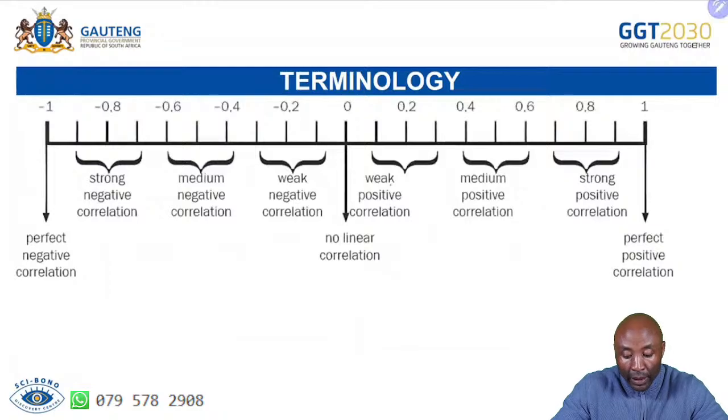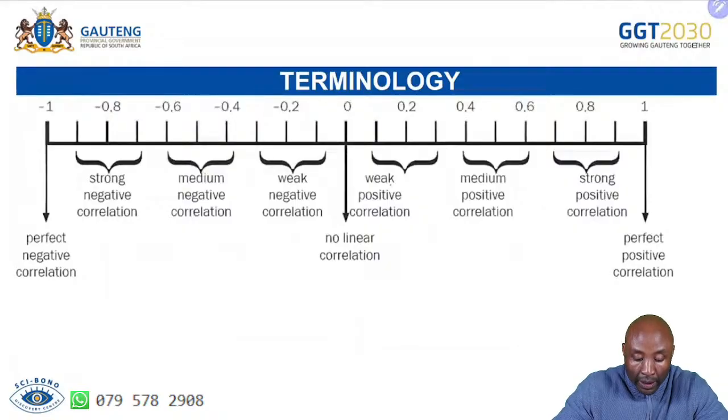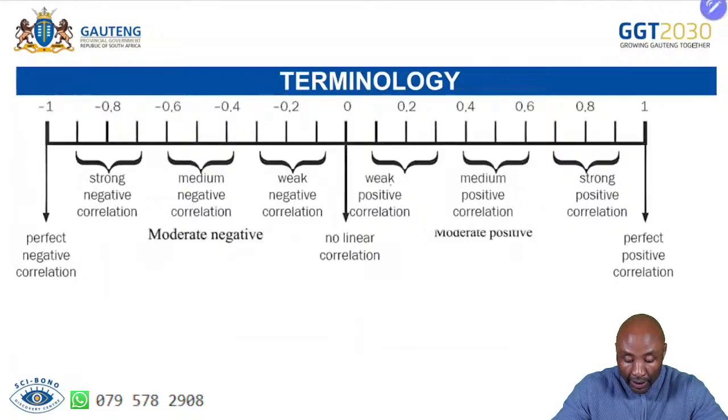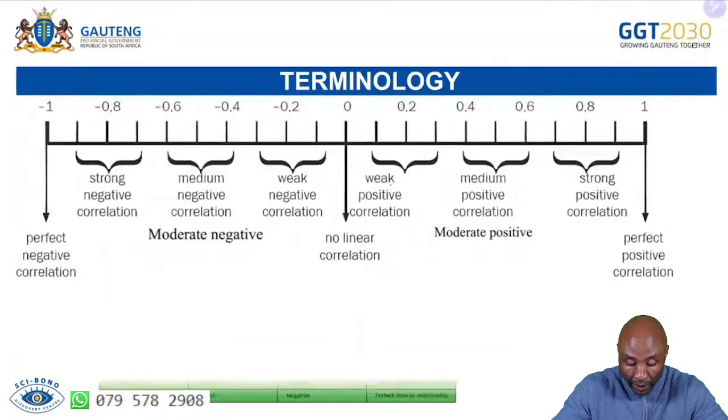Now, we have our correlation coefficient table and how we comment about the strength of the relationship. If we have it as either -1 or +1, we will say it's a perfect correlation. But remember, the sign is also important. As you can see, it can either be negative or positive.